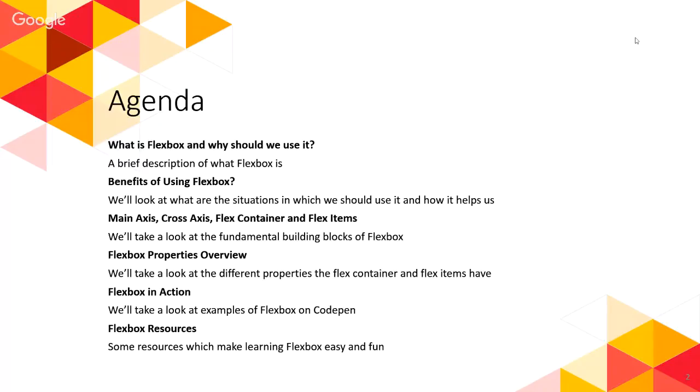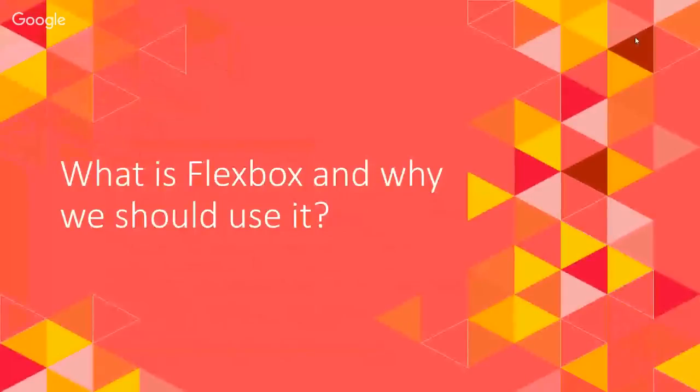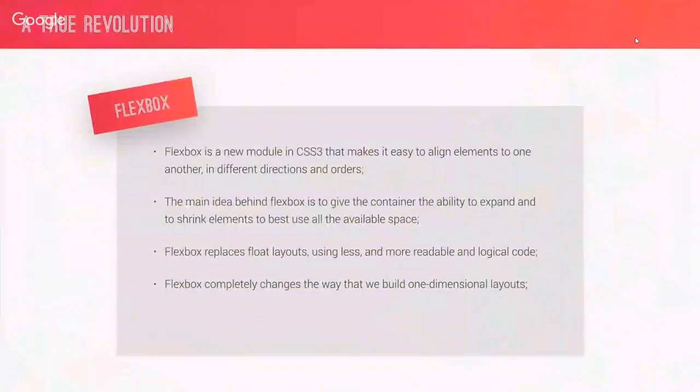So let's begin. First and foremost, we will see what Flexbox is and why we should use it. As you can see, Flexbox is a module in the CSS3 language. If you're wondering what that 3 is behind CSS, that's actually the latest version of the CSS language that was released a few years ago.